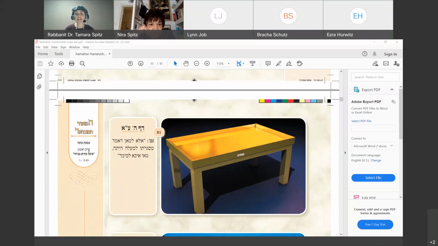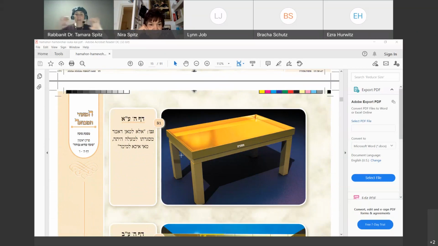Rather, we're going to learn it from the actual base of the table, which the Torah tells us is 1 tefach, and therefore, since it is an intrinsic part of the vessel, and it's 1 handbreadth, we're going to extrapolate that to the kaporet, the cover, and say that it is also 1 tefach.